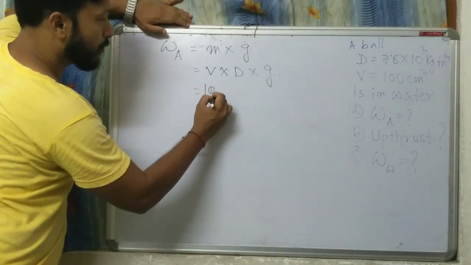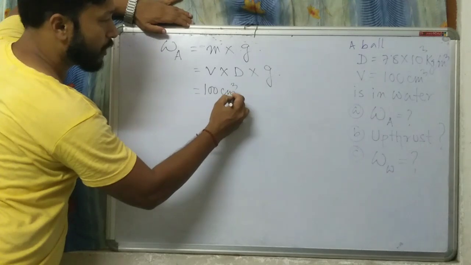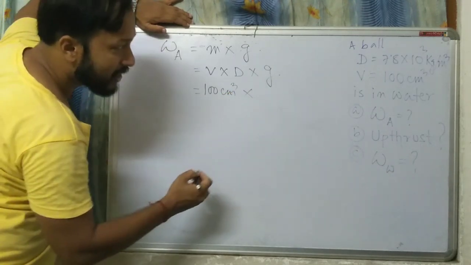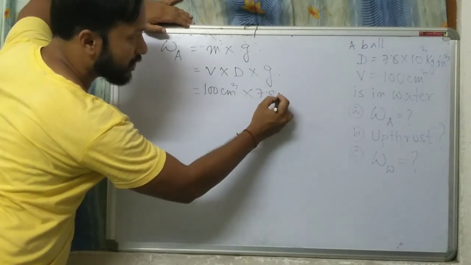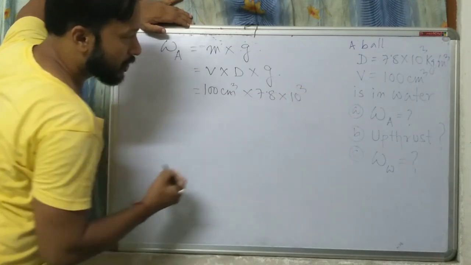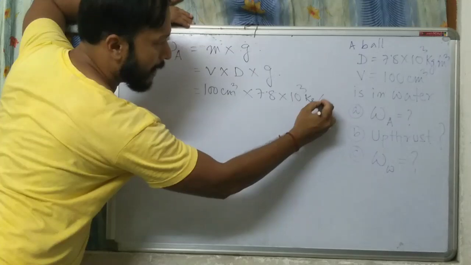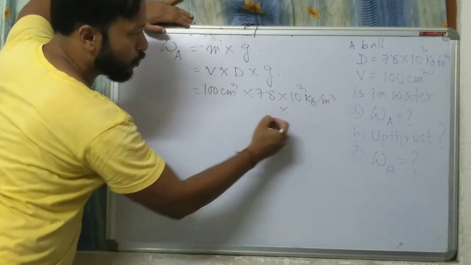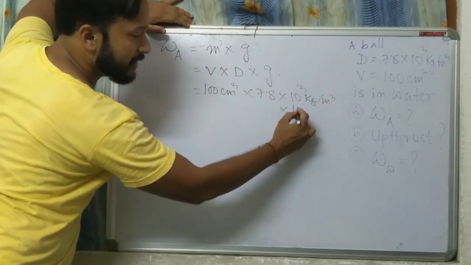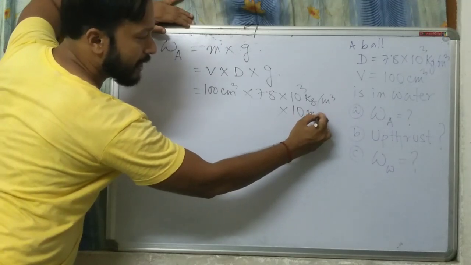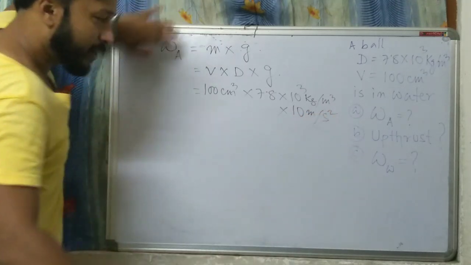Density is 7.8 into 10 to the power 3 kg per meter cube, into gravity. Gravity is 10 meter per second square.